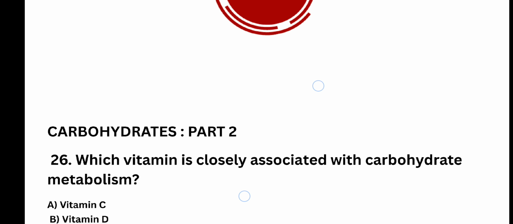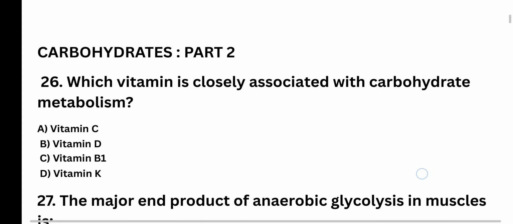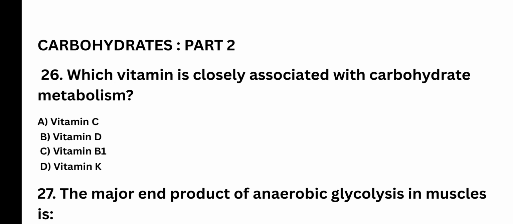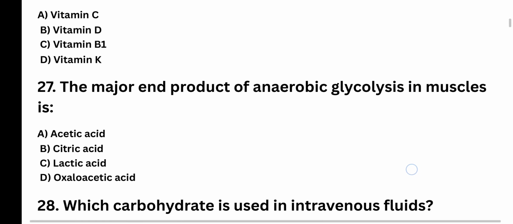So, the 26th question. Which vitamin is closely associated with carbohydrate metabolism? Option A, vitamin C. Option B, vitamin D. Option C, vitamin B1. And option D, vitamin K. So the right answer is option C, vitamin B1. 27th question.